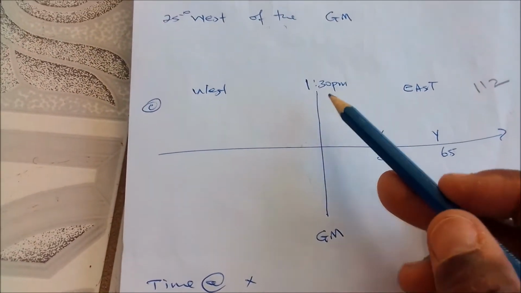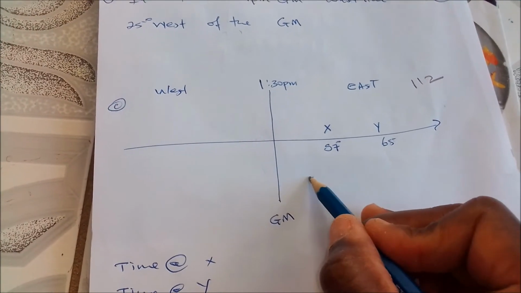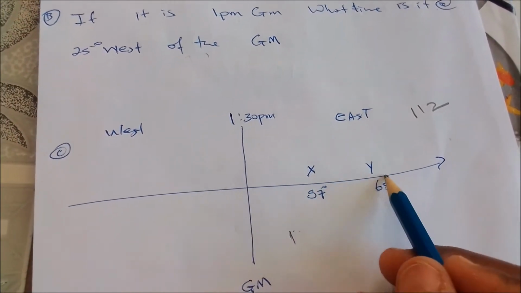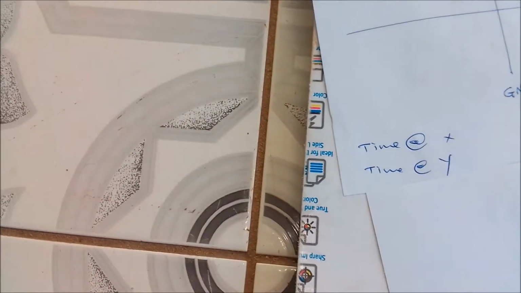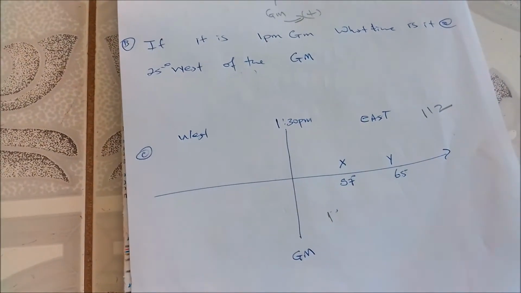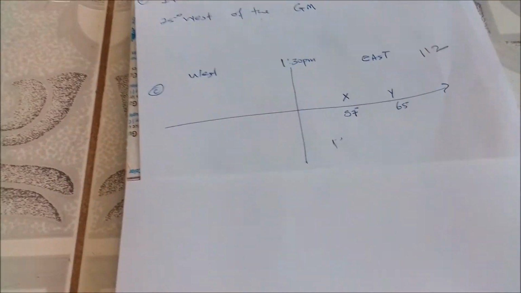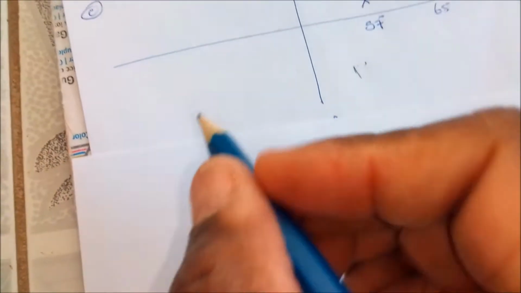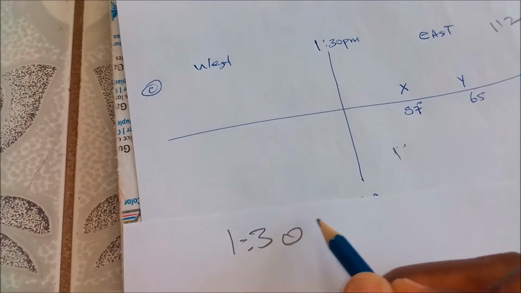Let's say that it is 1:30 at Greenwich, and you're trying to find the time at X and Y. I think I might need another piece of paper. Okay, I have a different sheet of paper. The third question here with the timeline. We're trying to find out the time at X and Y. Let's look at X first. So it is 1:30 p.m.